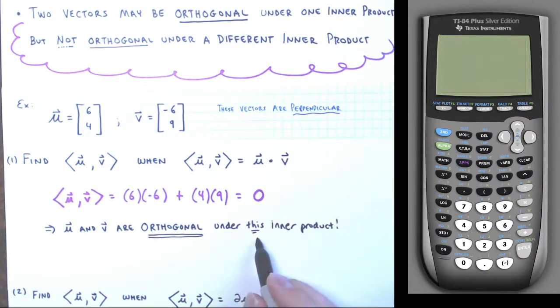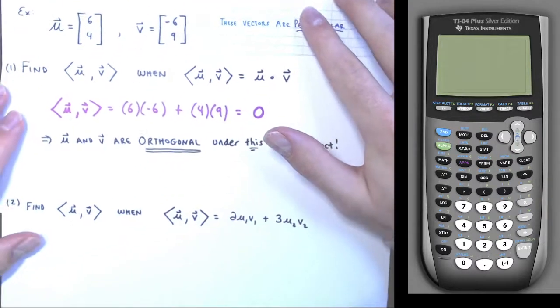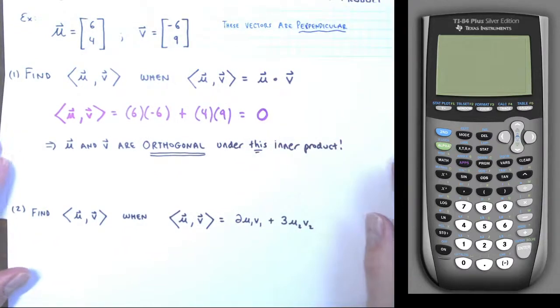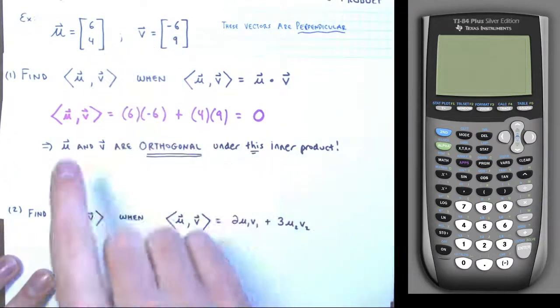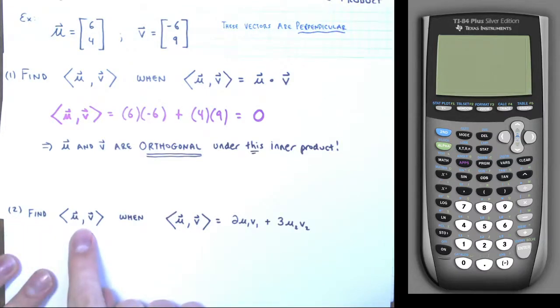But be careful. Like I said, whether or not two vectors are orthogonal strictly depends on how the inner product is defined. So let's take the same two vectors, u and v, same components, but this time, part 2, I'm going to find the inner product of these two vectors when this is the definition of the inner product, not the dot product.